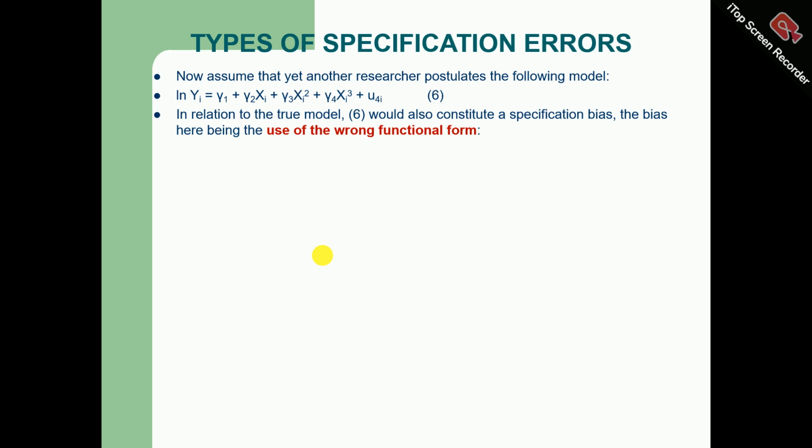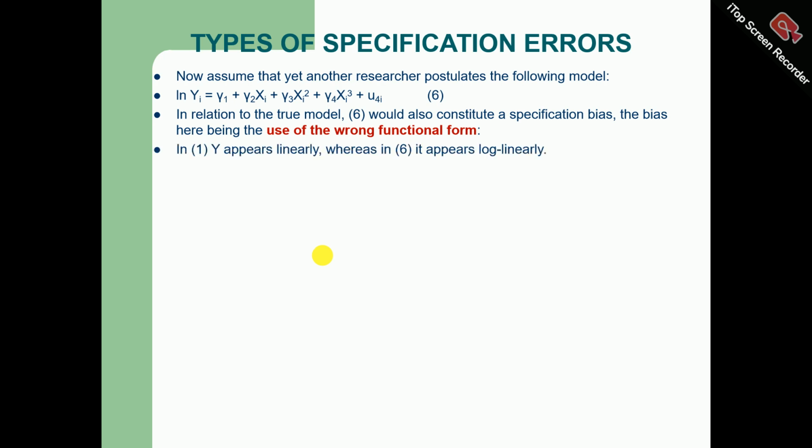In relation to the true model, equation 6 also constitutes a specification bias, and this bias is in the use of the wrong functional form. If you use the wrong functional form instead of the correct one, we are also committing a specification error.